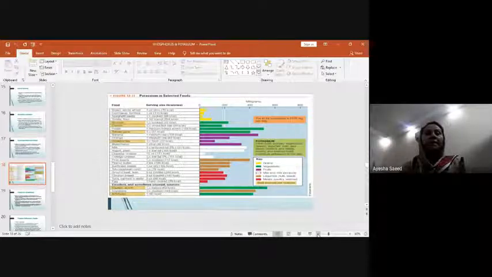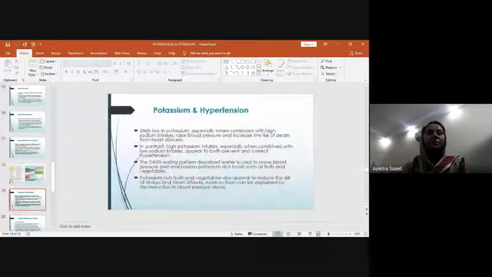In the first, in the greens, is broccoli, carrots, potato, and tomato juice. After that, in the purple, we have banana, orange, strawberries, watermelon, milk, and cheddar cheese. So it is widely distributed in foods.